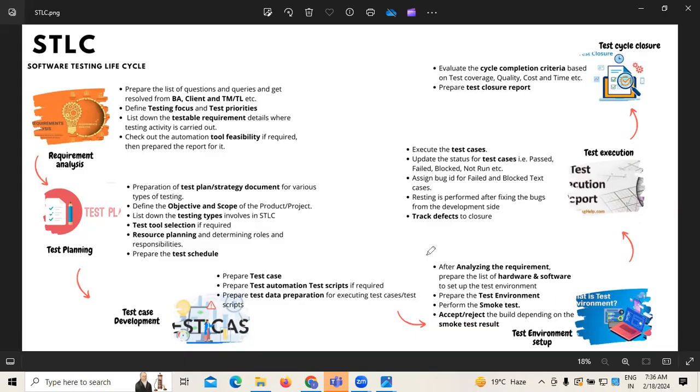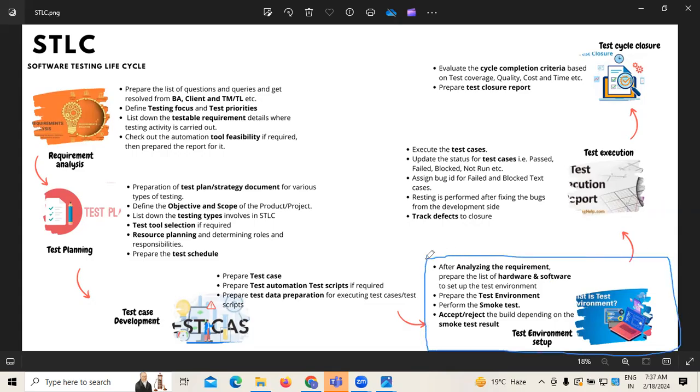Test case development will be done first. Once it is done, test environment setup is what we have to see: what environment do we have? All these things are what they have to be clear with. This is where test environment setup comes into existence.